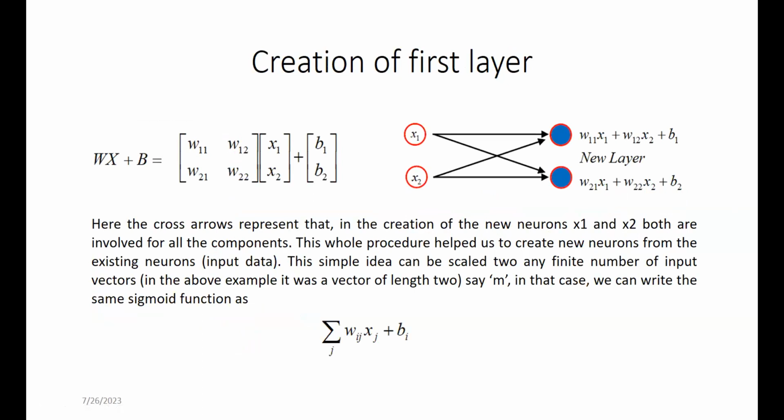If you multiply this entire matrix W11, W12, W21, W22 with X1, X2 plus B1, B2, this is how you will get a new vector of length 2. When this computation is completed, you will get W11 X1 plus W12 X2 plus B1, and W21 X1 plus W22 X2 plus B2.